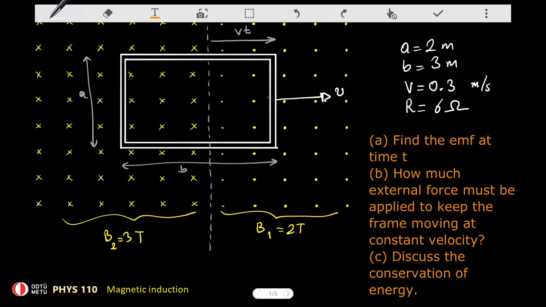So therefore, if I don't apply an external force, then the magnetic force acting on the frame should try to slow this thing down. I don't mean that it should always be exactly opposite to the velocity. This is not necessarily true in all cases. We have seen some examples of that. But at least it should have some component opposite to the velocity, so that it has the effect of decreasing the translational kinetic energy, right? And that's what we are observing in here.